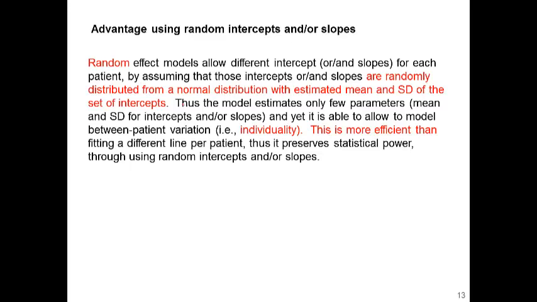The model estimates only a few parameters, the mean and standard deviation for intercepts or slopes, and yet it is able to model between-patient variation, i.e. individuality. This is more efficient than fitting a different line per patient, and it preserves statistical power through using random intercepts or slopes.